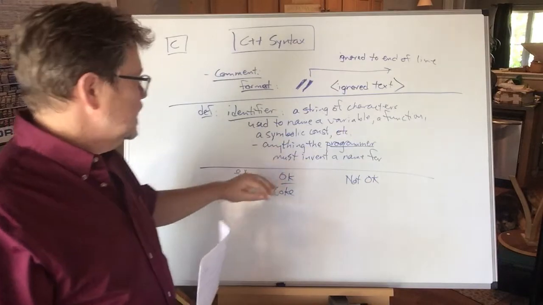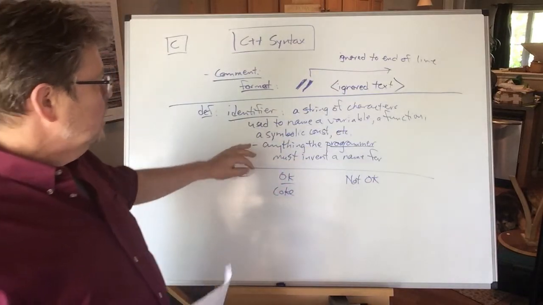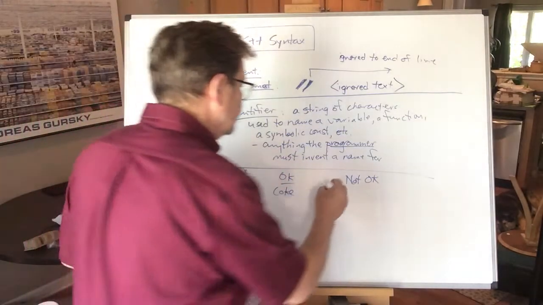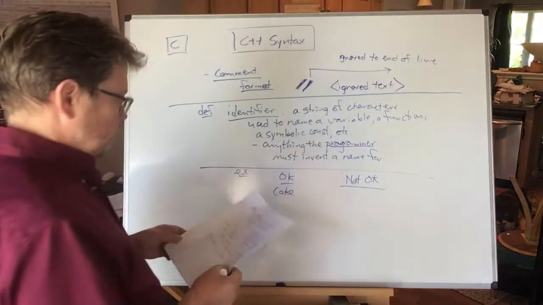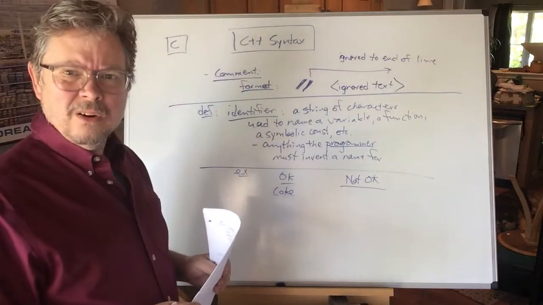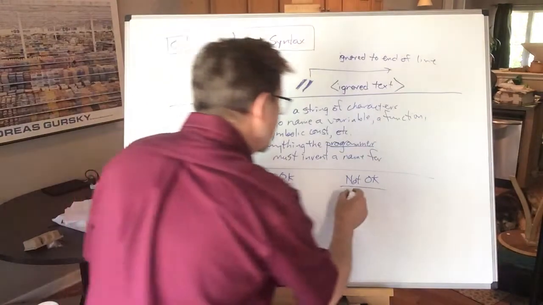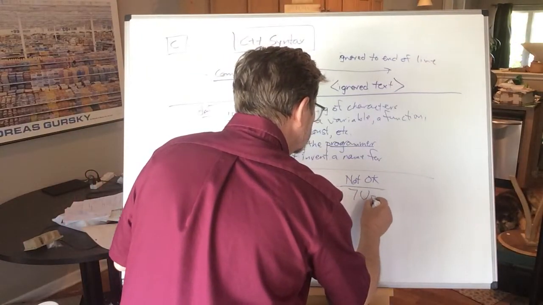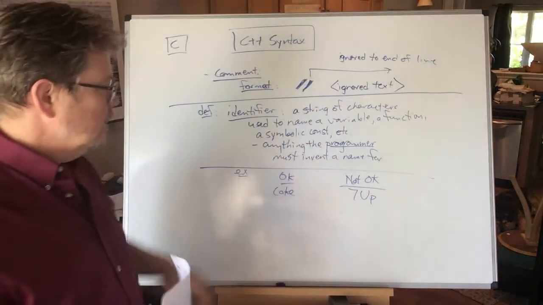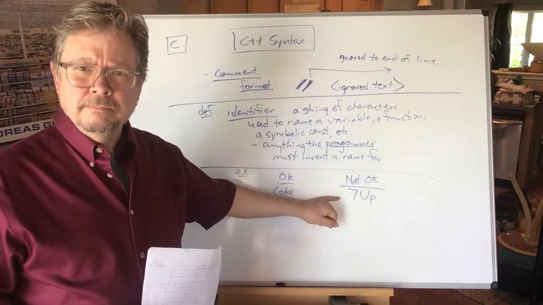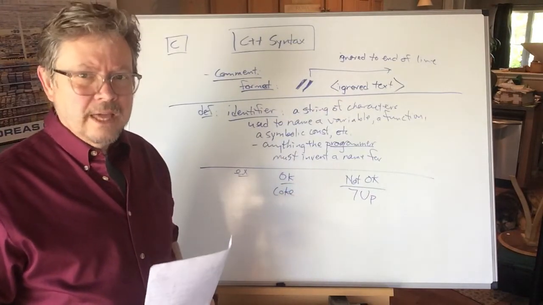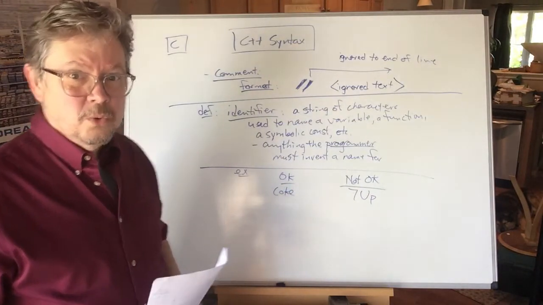But in this case, let's see. The string of characters has got to start with, what did I say? It begins with a letter. As opposed to what? Not okay, 7-Up. You might prefer 7-Up to Coke, but you can't use 7-Up as a variable name because it doesn't start with a letter. There. Rule number 1.